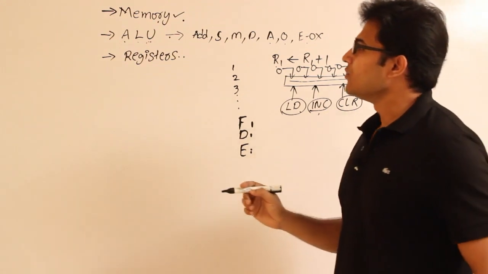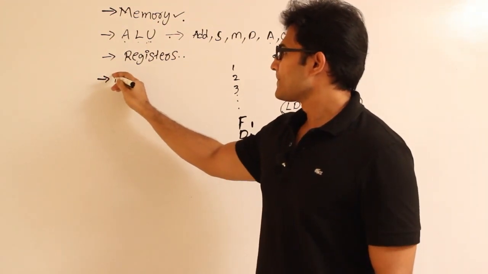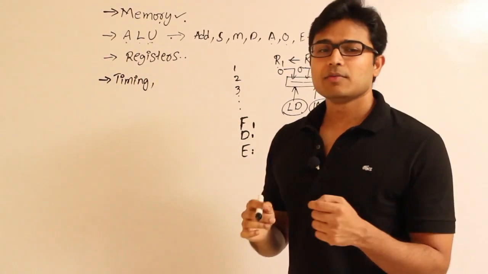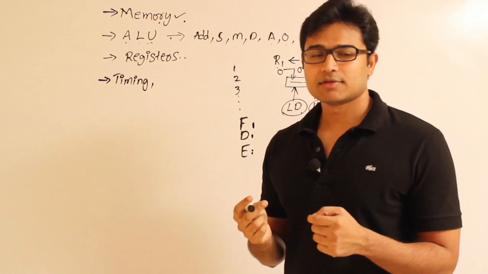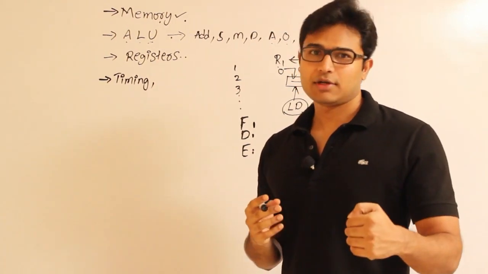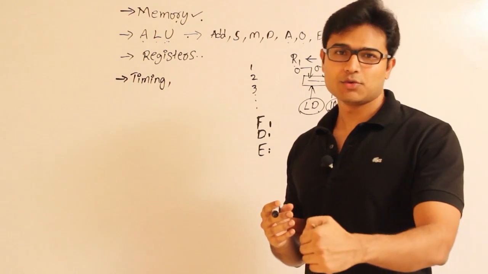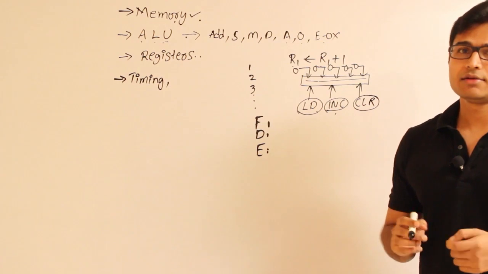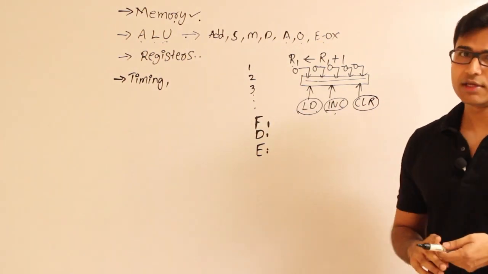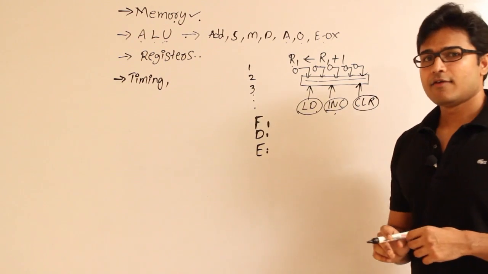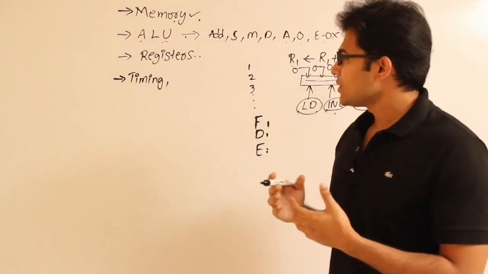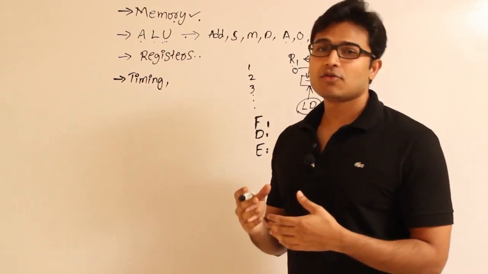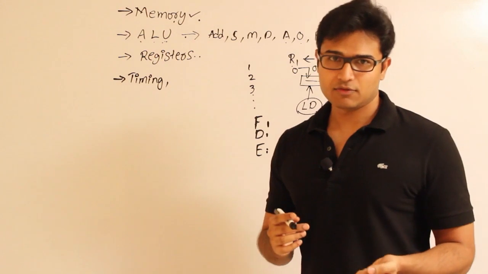For that reason we should have some timing circuit which should be able to generate the signals specifying that this is time t0, this is time t1, this is time t2, right? Then only we can perform certain operations. So we need the timing so that we can execute the instructions one after the other, right? And then we need even someone who can actually monitor or control or coordinate the information flow.